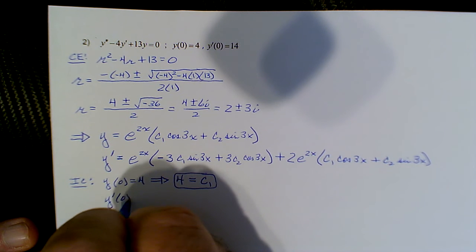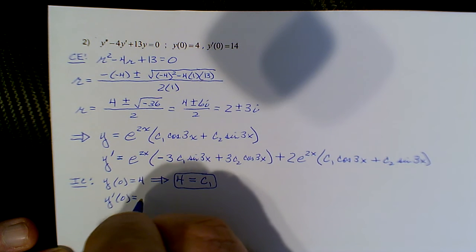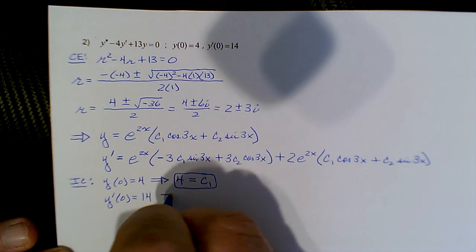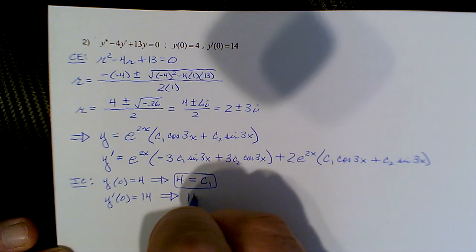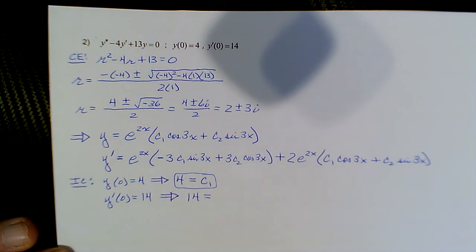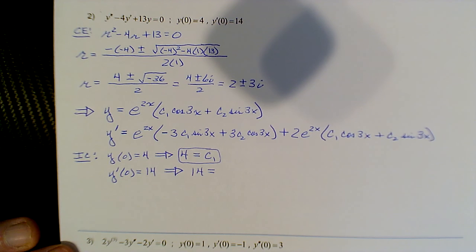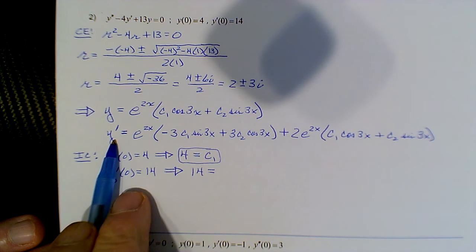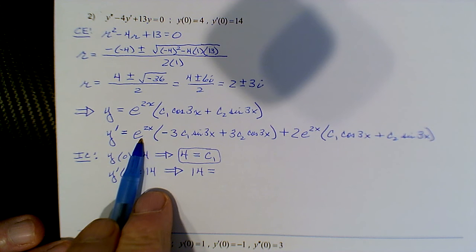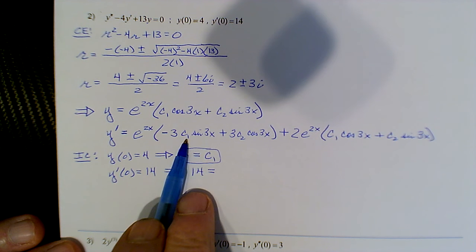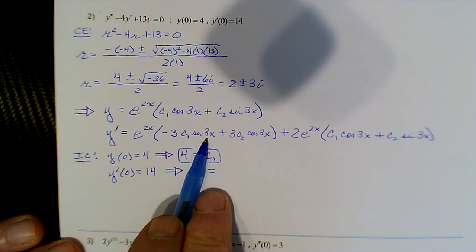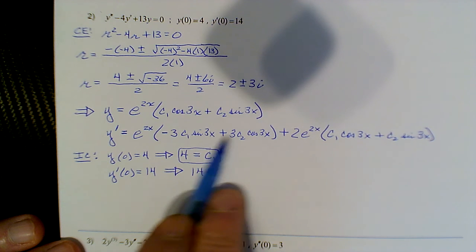And then the second initial condition, y prime of 0 was 14, gives us that 14 is equal to, okay, all the e to the zeros are 1s, and again sines go away, cosines stay, because sine of 0 is 0.